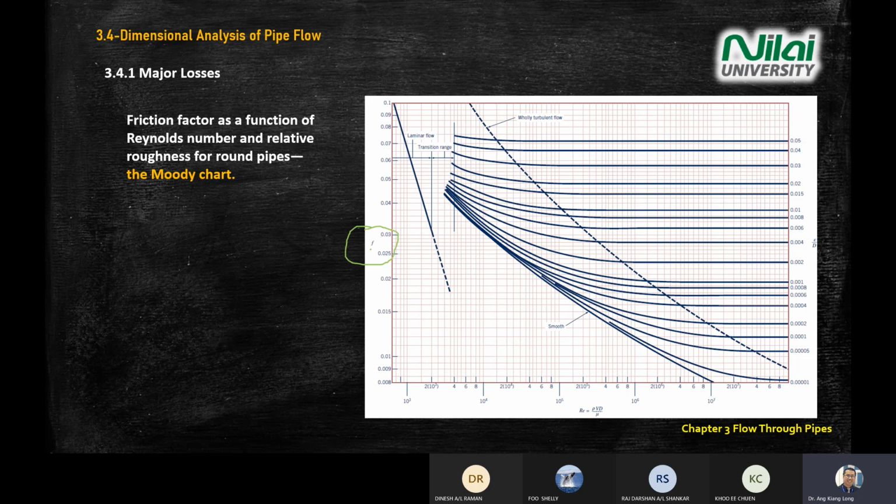One, f, which is the friction factor. The bottom one is the Reynolds number, rho VD divided by mu. On the right-hand side, you have equivalent roughness divided by D. So on this chart, you already have the Reynolds number equation. So there's no reason for you to say, sir, I don't know the Reynolds number.